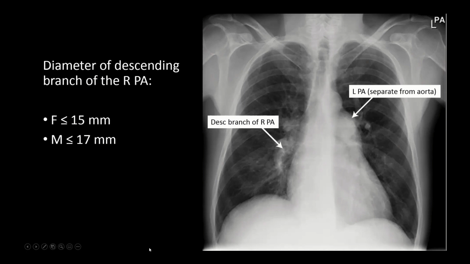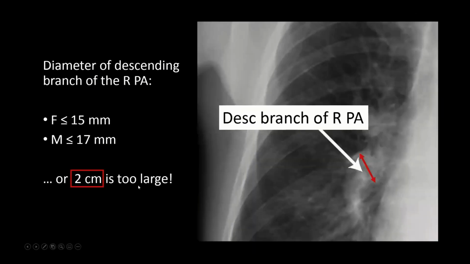Looking at normal parameters, the upper limit of the descending branch of the right pulmonary artery is 15 millimeters in females and 17 millimeters in males. Or as I remember it from my residency, 2 centimeters is too large. That's the easiest way to remember.